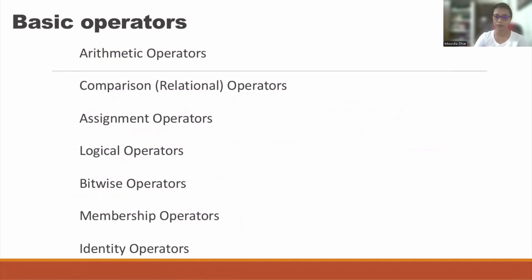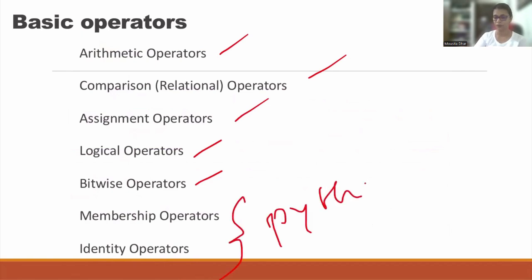Hope all these operators you people have already seen in many of your other programming languages also: arithmetic operator, relational operator, assignment, logical, bitwise, membership and identity. These two operators may be very much useful for Python. You may not have seen these in other languages. Right, so these two definitely we'll discuss in depth, but others hope you have the idea still.